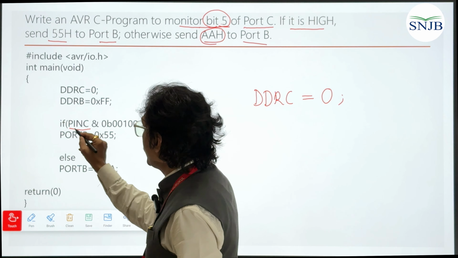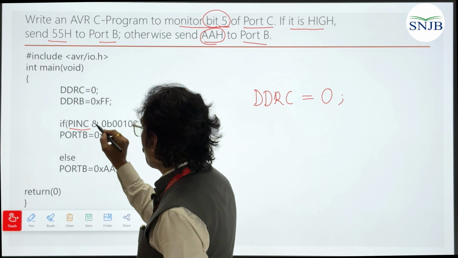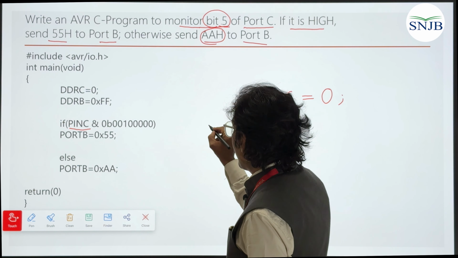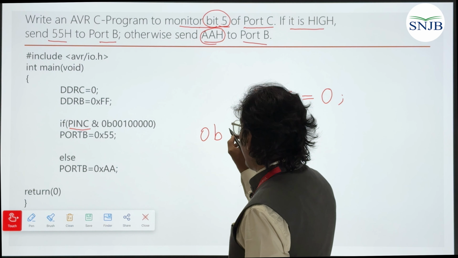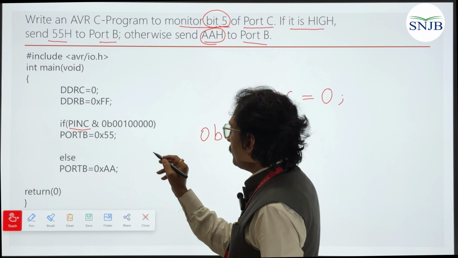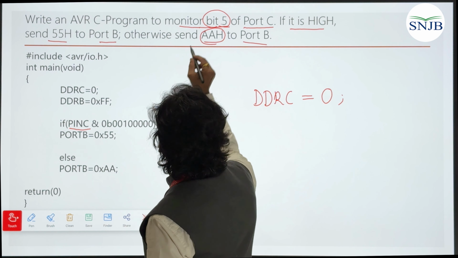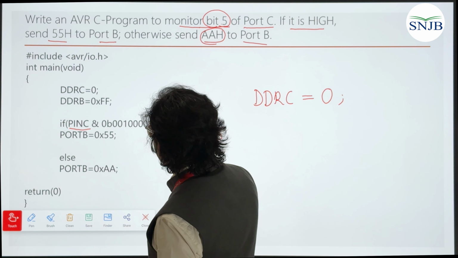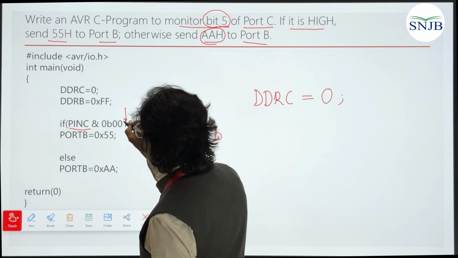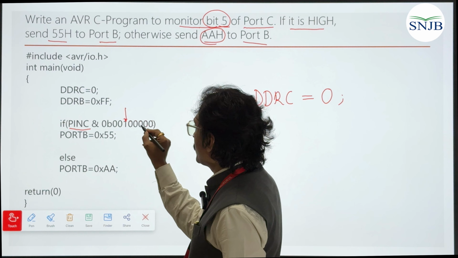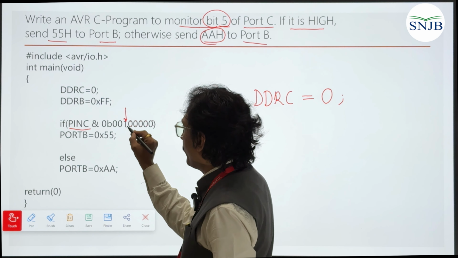PINC ampersand means masking. Bitwise masking means there are 8 pins, out of them it is the fifth bit. Fifth bit means 0, 1, 2, 3, 4 and fifth bit: 0th bit, first, second, third, fourth and fifth bit.